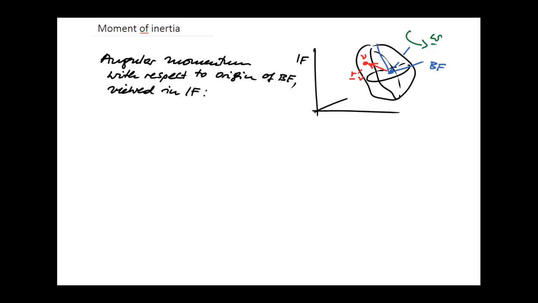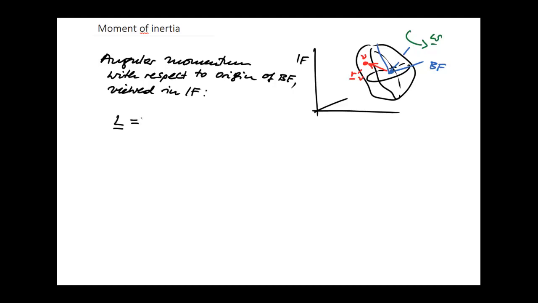In this case, we choose the reference point to be the origin of the body fixed frame. But then in the definition of the angular momentum, there are velocities, and for the velocities, we take the velocities as viewed in the inertial frame.